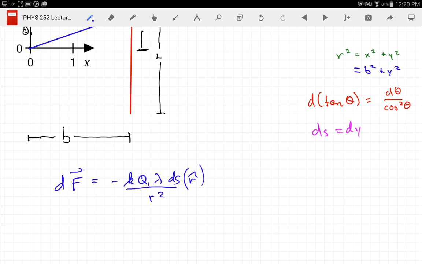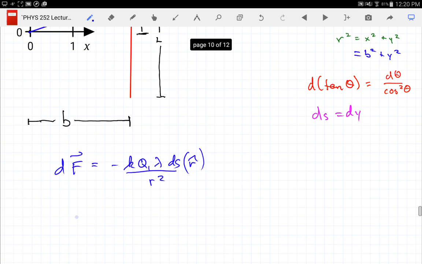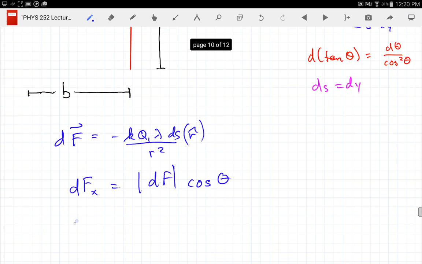So having this equation, I break it into my x and y components. dfx is equal to the magnitude of df cosine theta, and dfy is equal to the magnitude of df times sine theta, just like we did before.